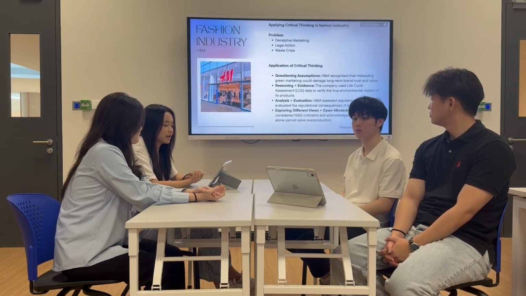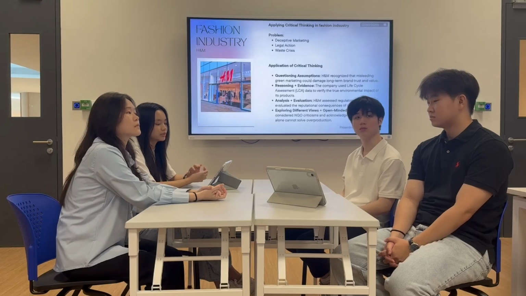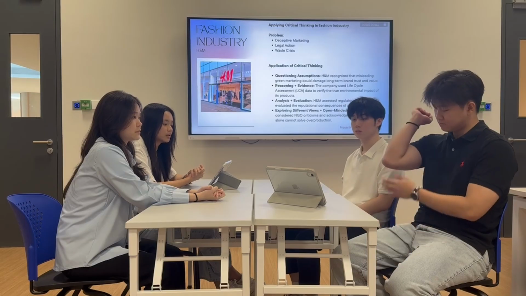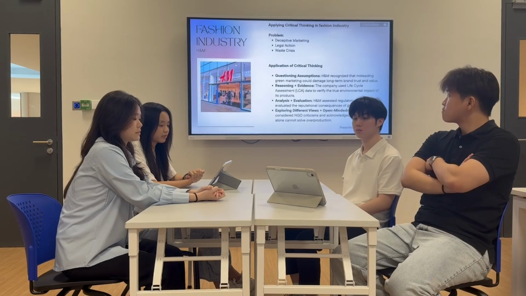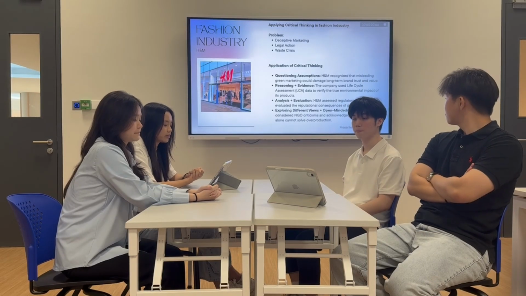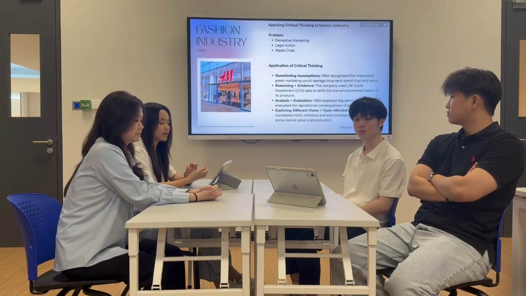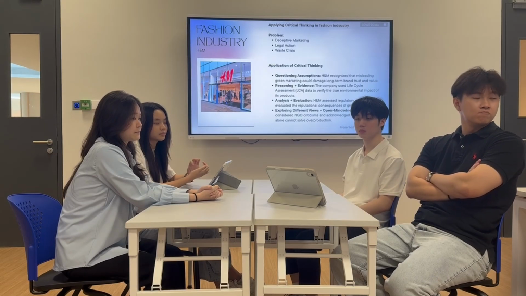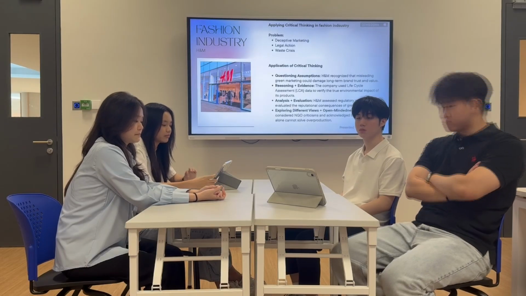By 2025, the European Union introduced the Green Claim Directive, which strictly banned terms like eco-friendly or green unless companies can provide verified third-party evidence. Because of this regulation, H&M had to remove certain sustainability labels to avoid heavy fines.